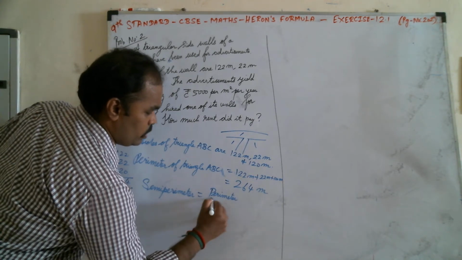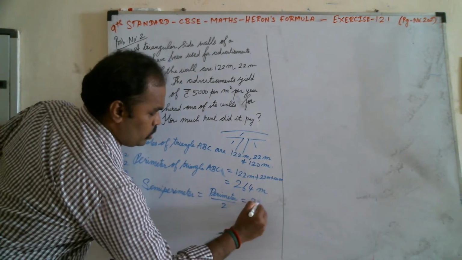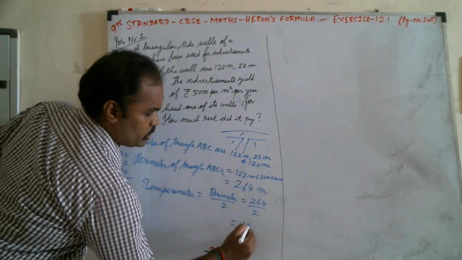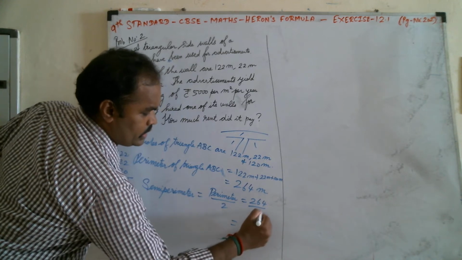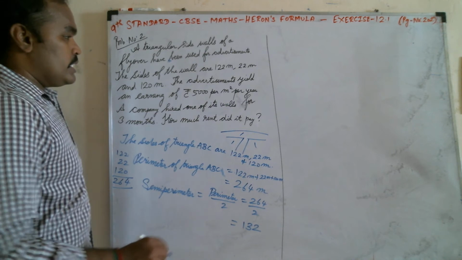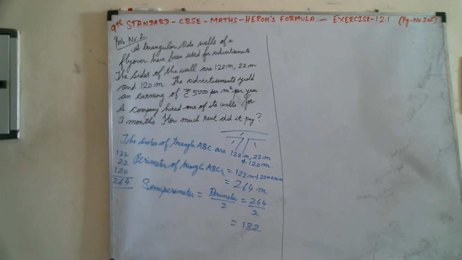Perimeter by 2. So 264 divided by 2. 1 2 is 2, 3 2s are 6, 2 2s are 4. So this is the semi-perimeter of triangle ABC.